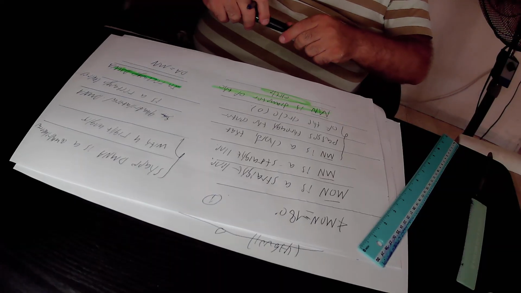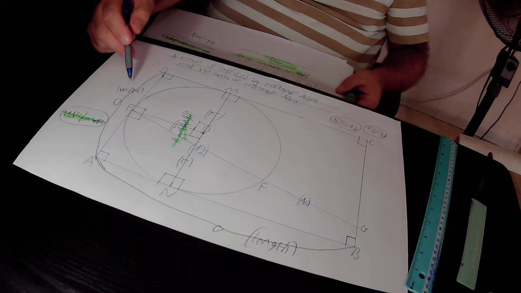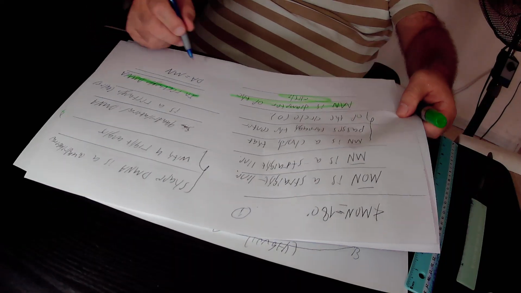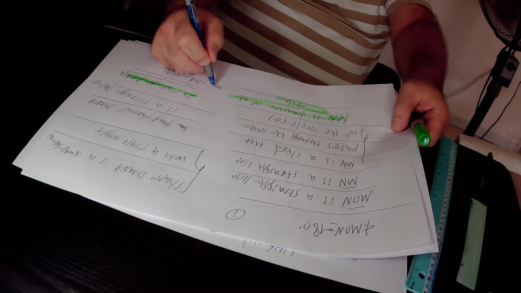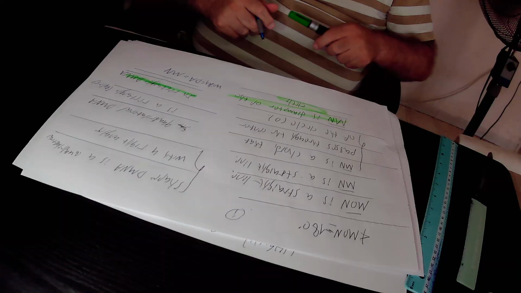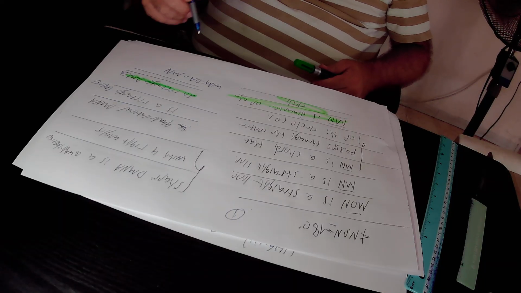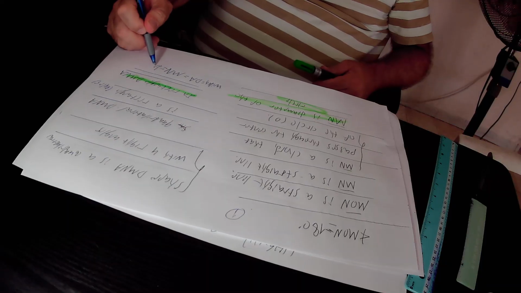But according to our definition, DA is the width of rectangle ABCD, so we can write here that DA is the width of rectangle ABCD. And we just found out that MN is the diameter of the circle. So we can write here that MN is the diameter of the circle.